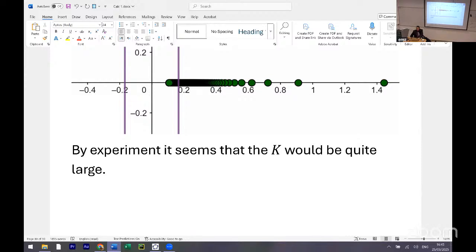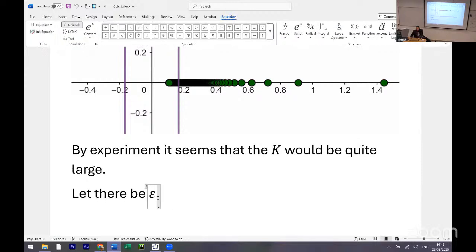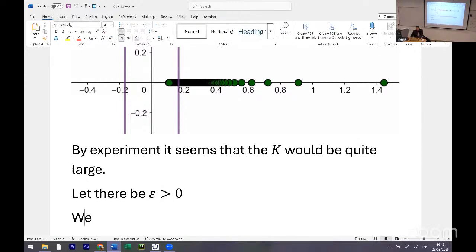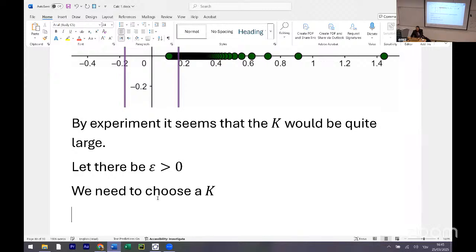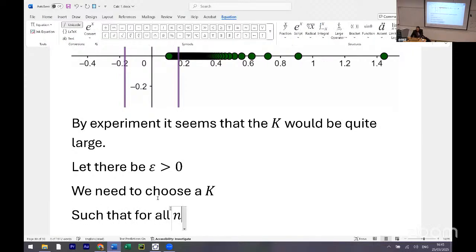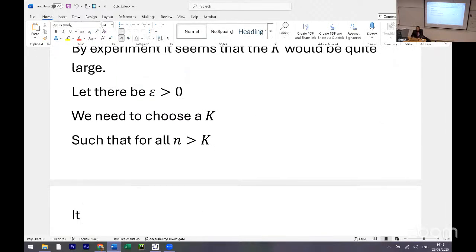So let there be epsilon. We need to choose a K such that for all n larger than K, what will be true?